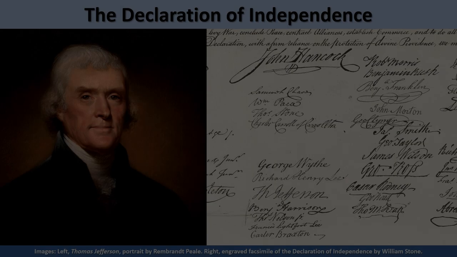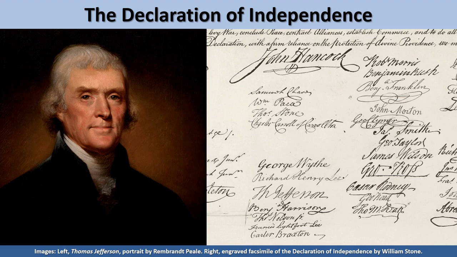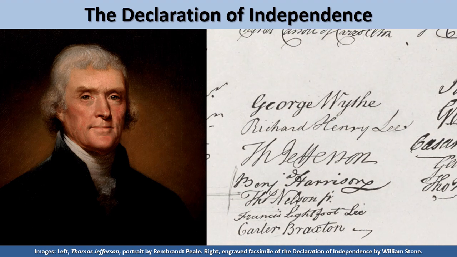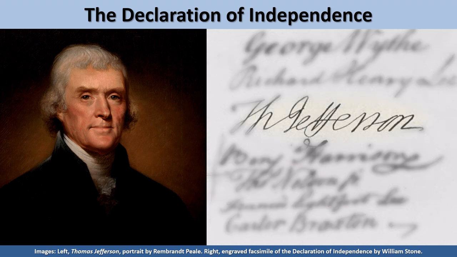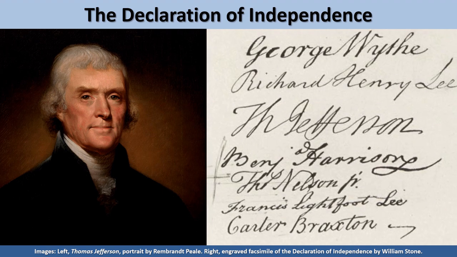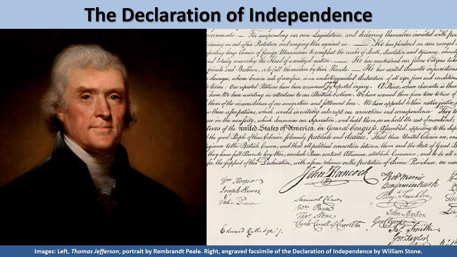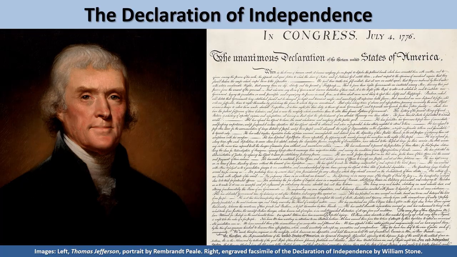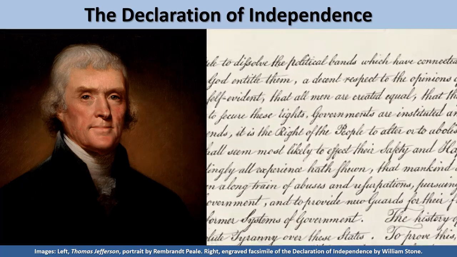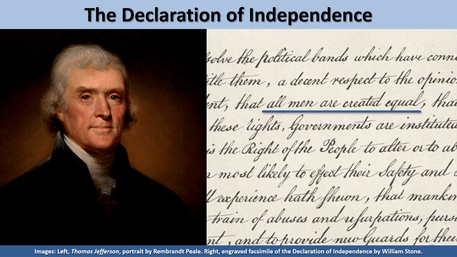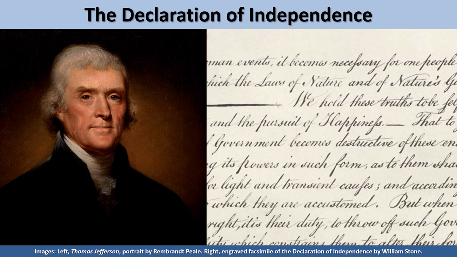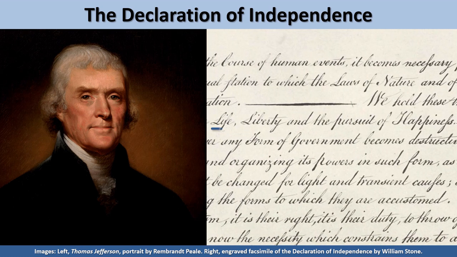Although many colonial representatives signed the Declaration of Independence, Thomas Jefferson wrote most of this important announcement on his own. The introduction Jefferson wrote to the Declaration of Independence claims that it's an obvious fact that all men are created equal. It says that everyone is born with the right to life, liberty, and the pursuit of happiness.